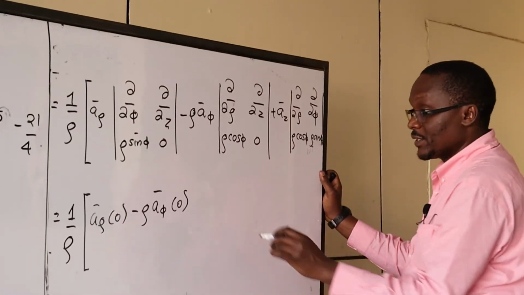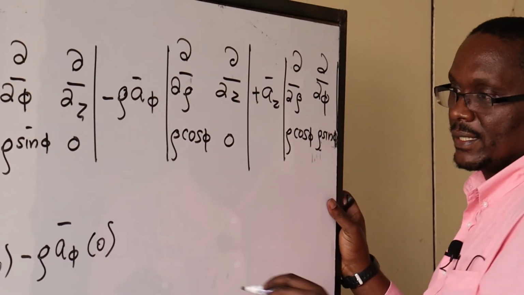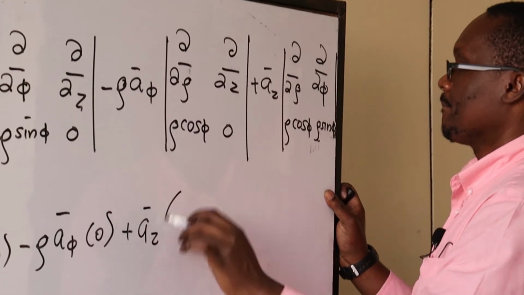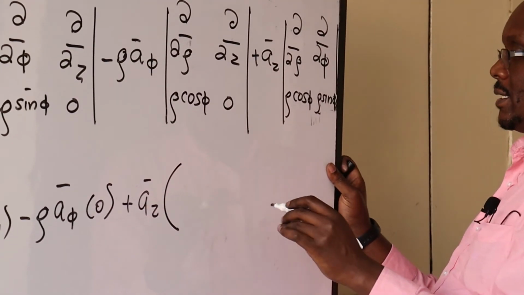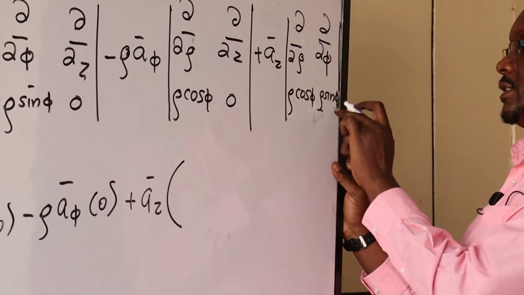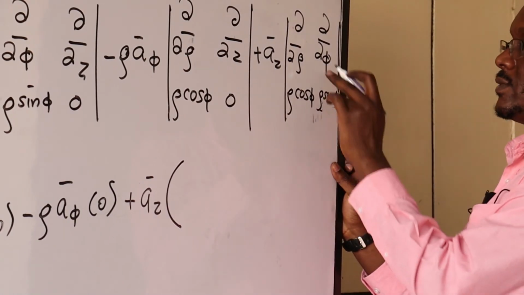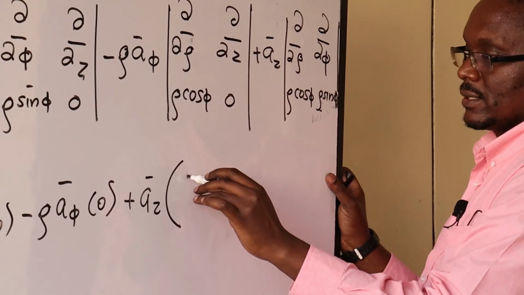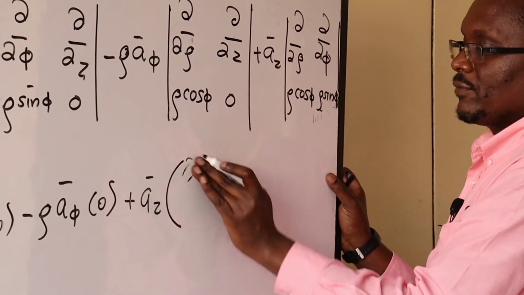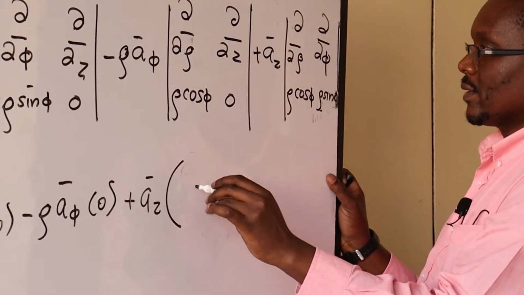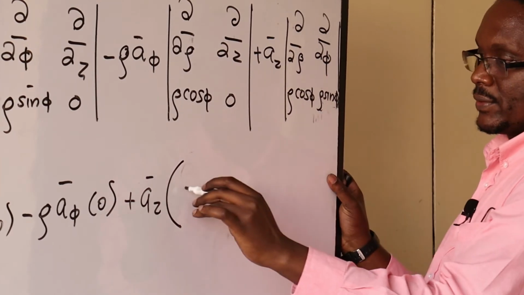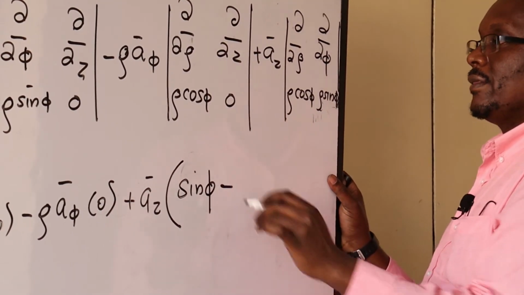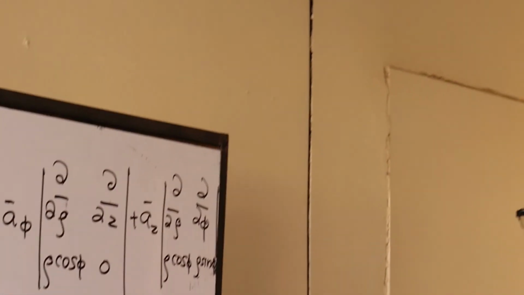Then in the direction of z, we have plus az, and we are differentiating this with respect to rho. If we differentiate that, this will be 1, and we are left with sine phi, and then normally we subtract the other one.